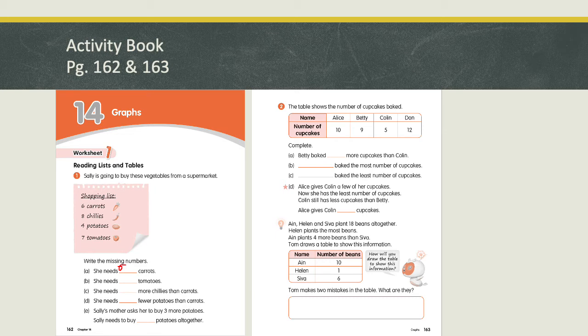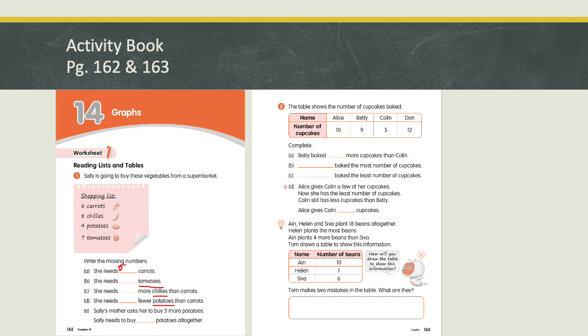Next is tomatoes. After tomatoes, we need more chilies. She needs fewer potatoes than carrots.